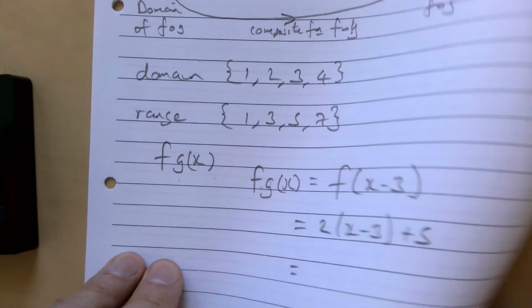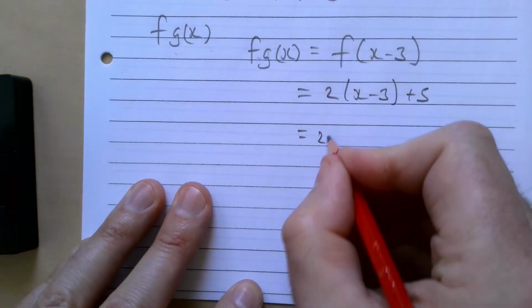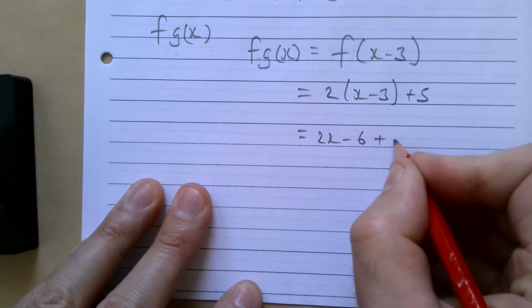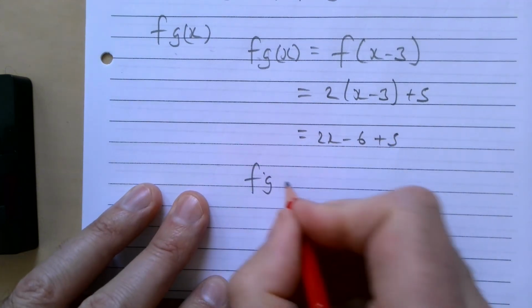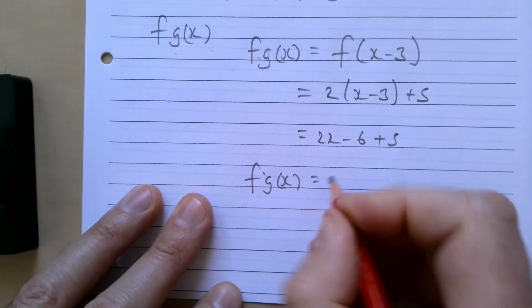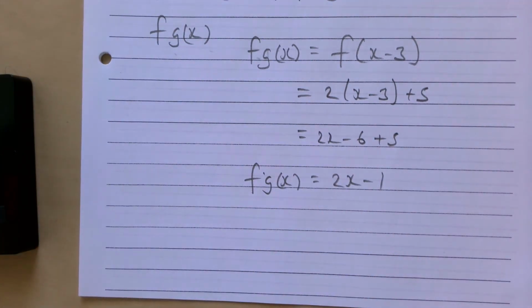That would give me 2x minus 6 plus 5, so my f of g of x is 2x minus 1.